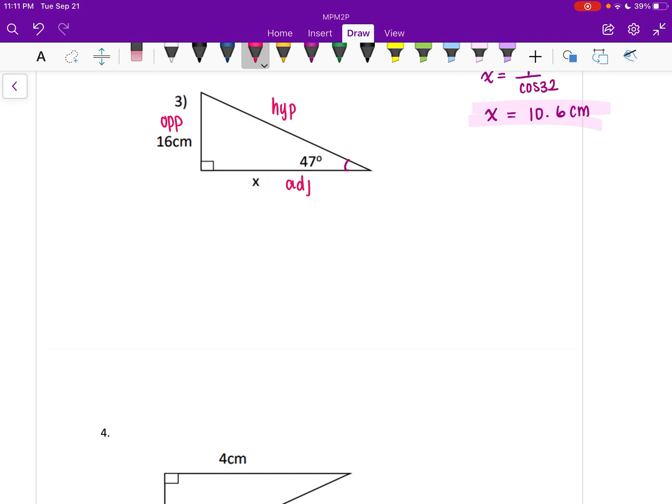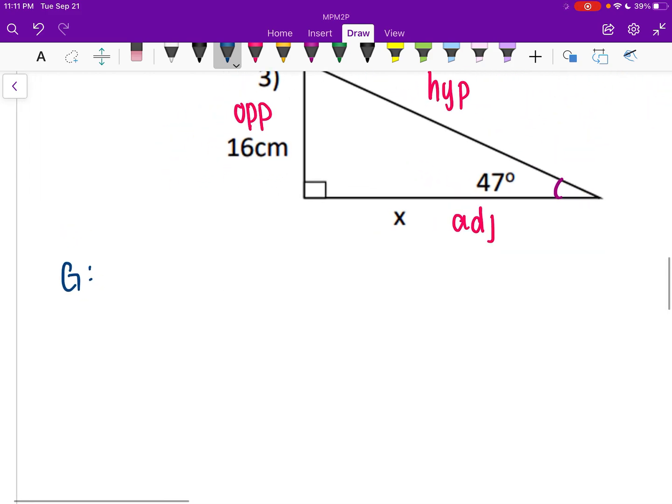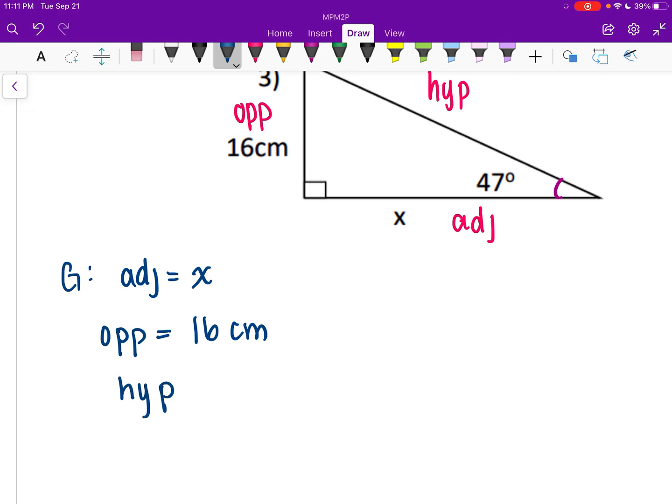So SOHCAHTOA, let's go figure out what I'm given. I am given the adjacent. I know that's x. I know the opposite is 16 centimeters. And then the hypotenuse here, I don't have. So I'm not even going to write it in.